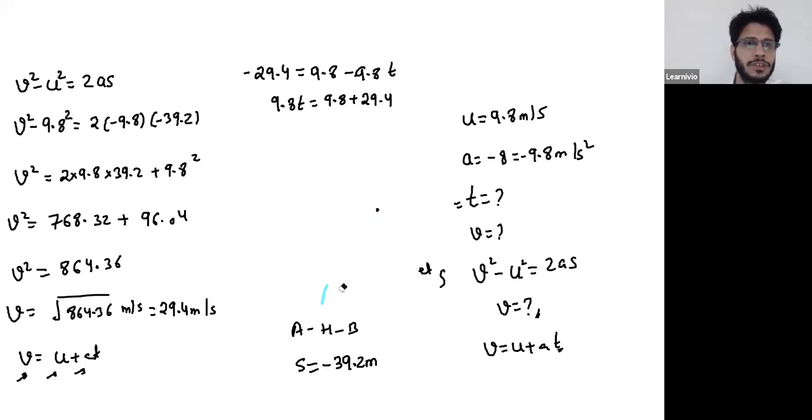Let's check your calculations. You're getting why I'm taking this as negative. You're considering downwards as negative. So this velocity will be, when you substitute it here, minus 29.4 meter per second. Sir, I made a mistake there. So that's 9.8 T is 29.4 plus 9.8.